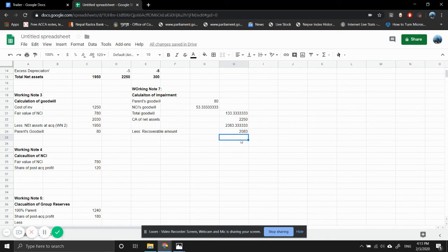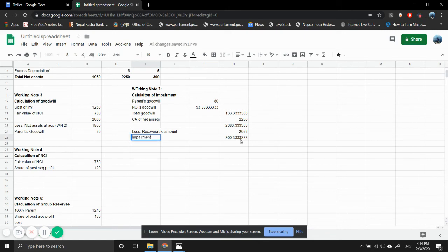Okay, so this will be this figure minus this figure, right? So this is our impairment.